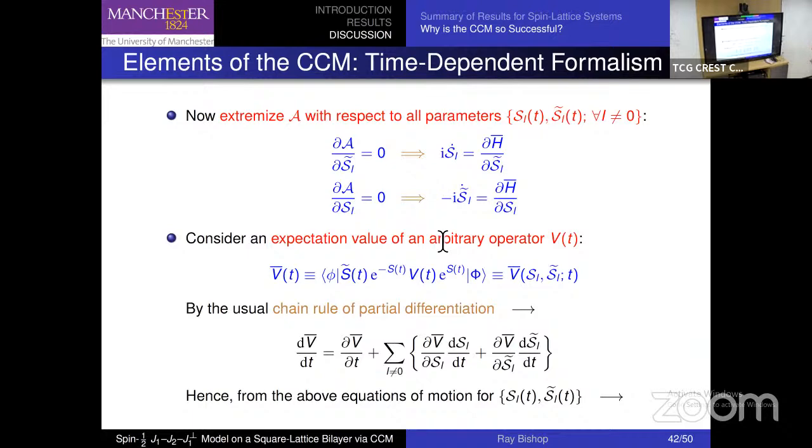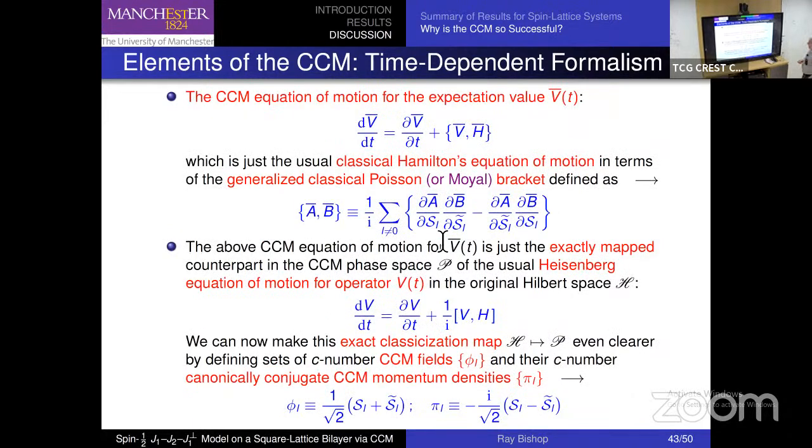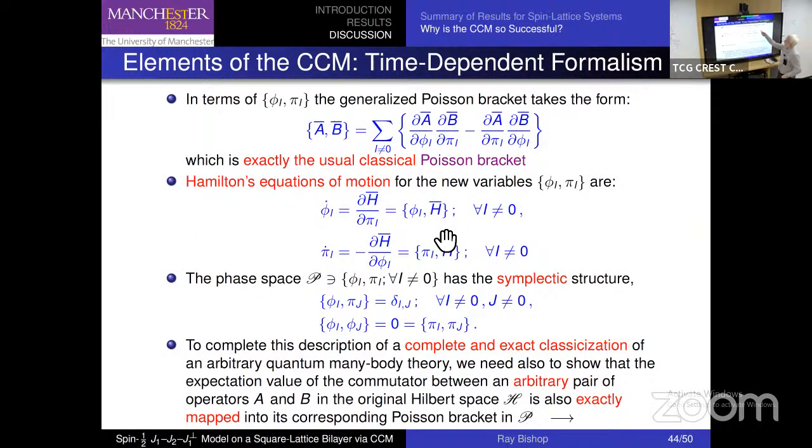Now you can go on from there. If you want to make this look exact, I'm calling it an exact classicization map from the Hilbert space to a classical phase space, a very complicated phase space spanned by all of these operators, C numbers, Si and Si tilde. If you define phi, read x, as 1 upon root 2 times the sum of them, and pi, read p, as minus i upon root 2 times the difference of them, then this is what you've got.